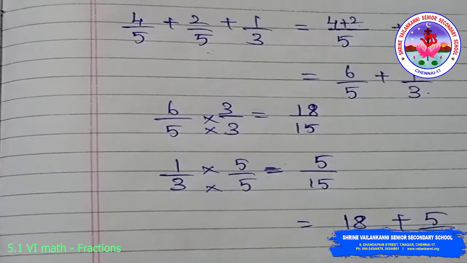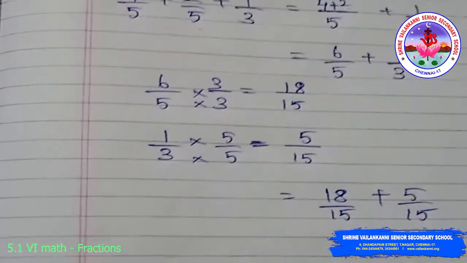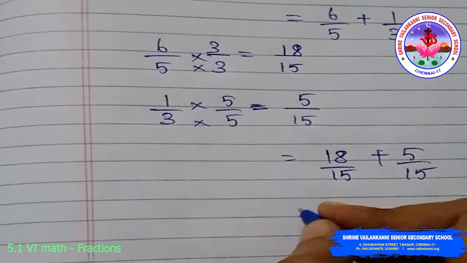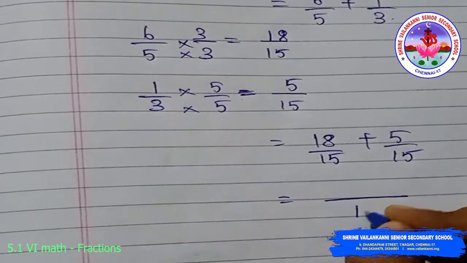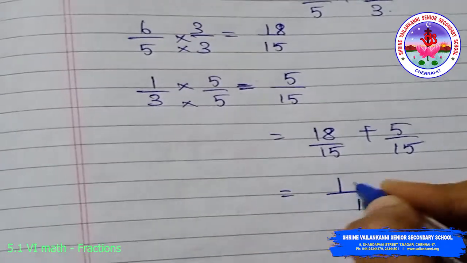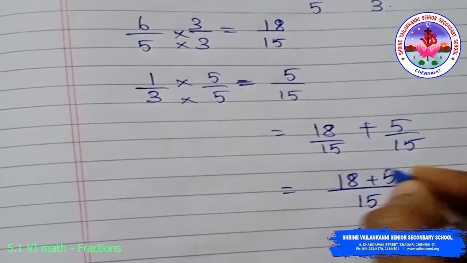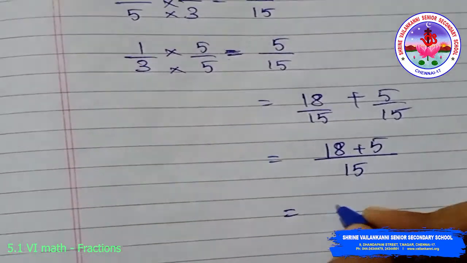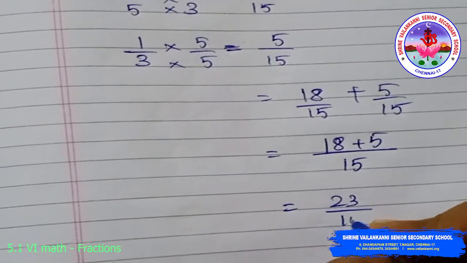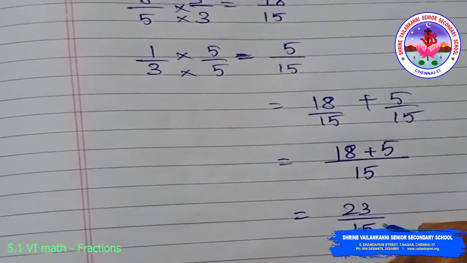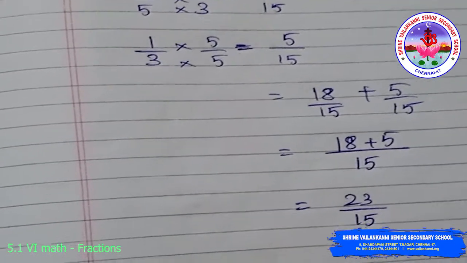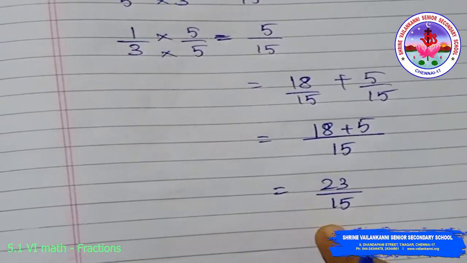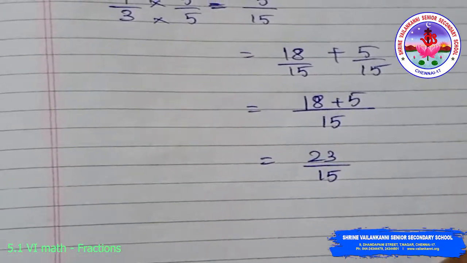Now check the denominators. The denominators are like fractions, so taking the common denominator 15. Now add the numerators, 18 plus 5 is equal to 23 by 15. Now you can convert to a mixed fraction, as it is an improper fraction.